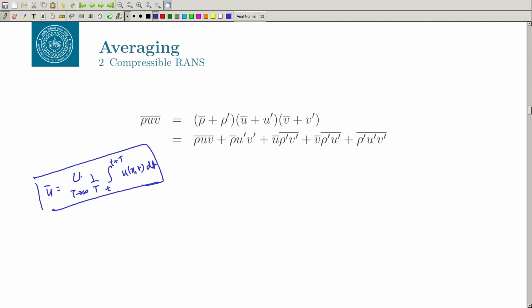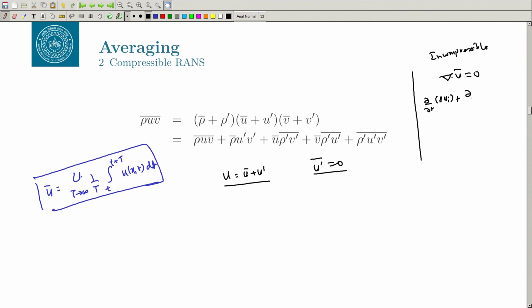How we did last time: we said that u is equal to u bar plus u prime, and that u prime bar was equal to 0. Then we got the incompressible continuity equation, which was nothing but del dot u bar equal to 0. This was for incompressible flow. Then the momentum equation: del by del t of rho u i, plus del by del x j of rho u i u j, with the bar here.